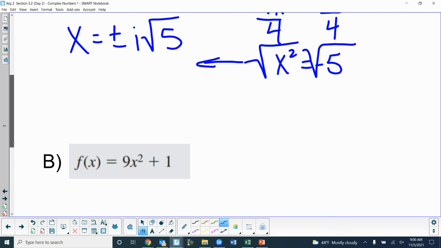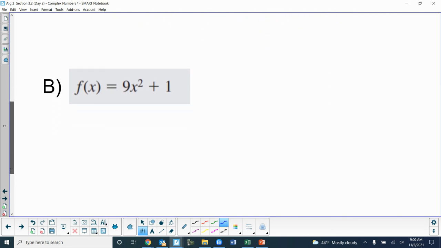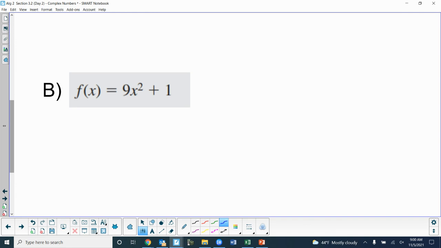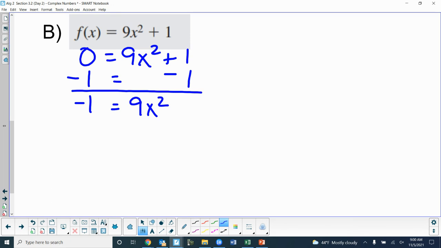There's probably another one. Do we need to do one more? No. Yeah, we do, because we're going to get a fraction. We're going to make it 0 equals. Then what? Divide by 9.